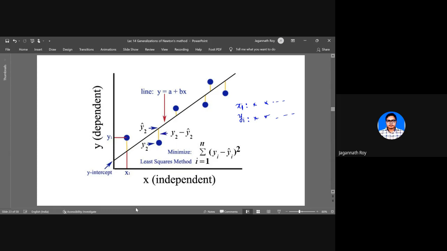This is related to regression analysis also. Data fitting: the question is to find a curve which passes through the maximum number of points.